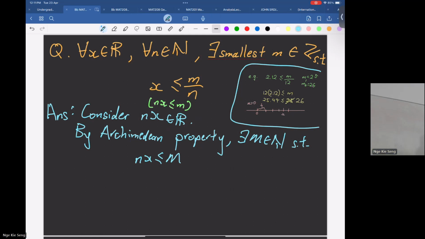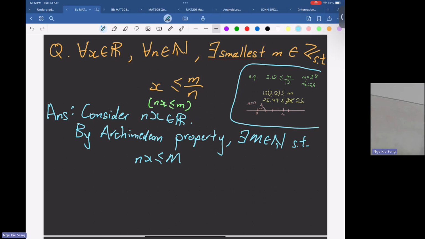Sure, least upper bound. So how do we find this least upper bound? You need to give me a way to do it, right? The least upper bound property just says that it exists. But can you find me one?